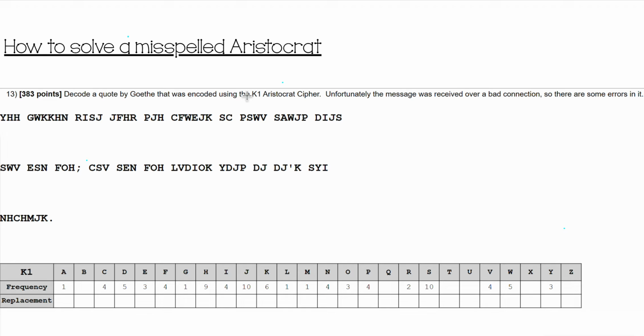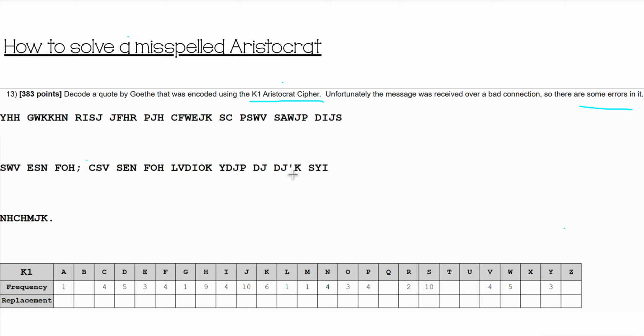Okay, let's get started. First we know this is a K1 aristocrat cipher, and it was received over a bad connection, so that means there are some errors in it. Knowing that, it means it's misspelled. They won't necessarily say it's misspelled, but you can find it like that, which is pretty easy. What I would look at right away is the DJ and DJK part.